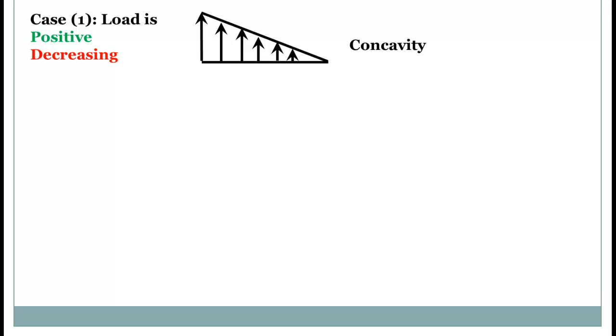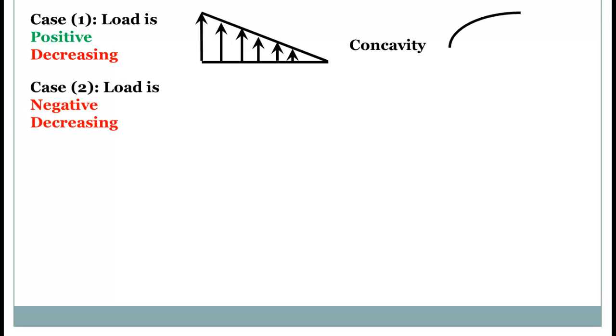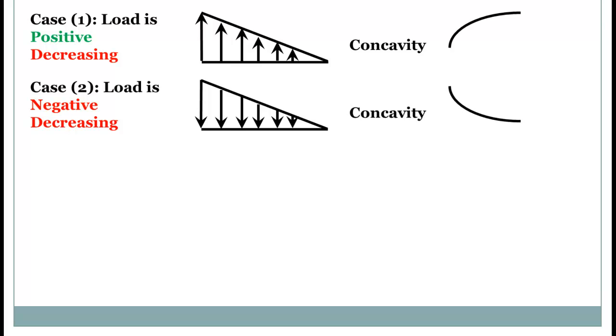Concavity of the shear will be this one. Case 2. Load is negative and decreasing. This is negative because it's pointing downwards and decreasing in value. The concavity is this way.